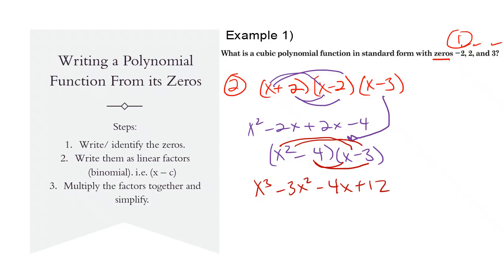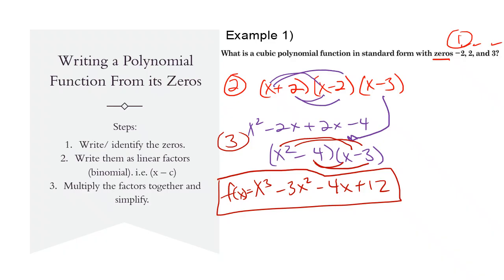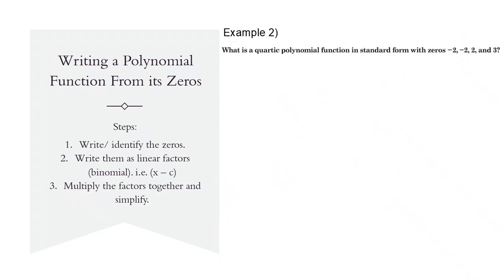So once I finish step 3, all said and done, this is a possible polynomial model that would have those zeros. You can always reverse check yourself using factoring to see if you get back to the zeros.